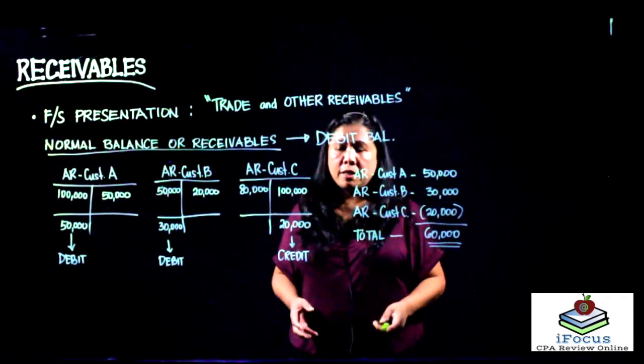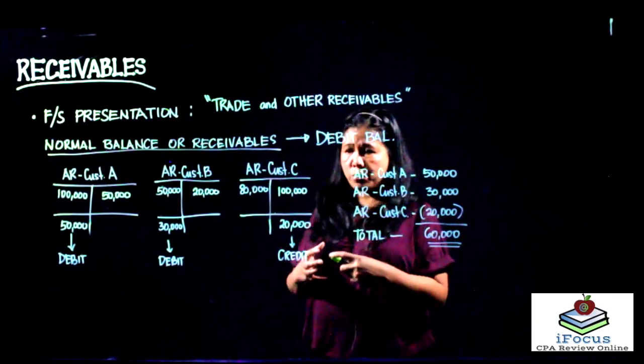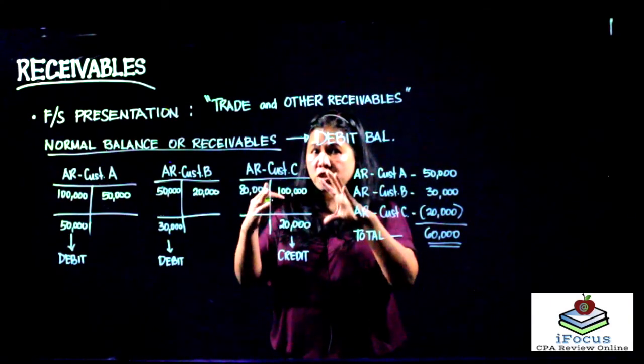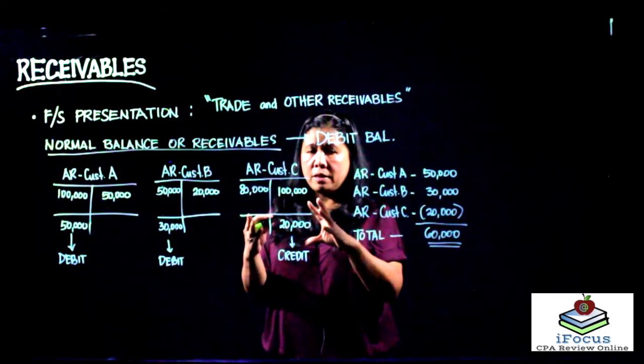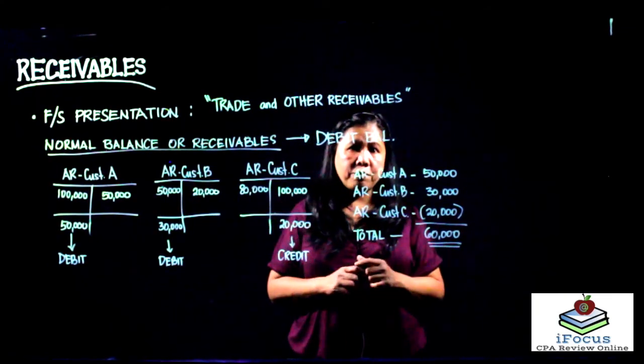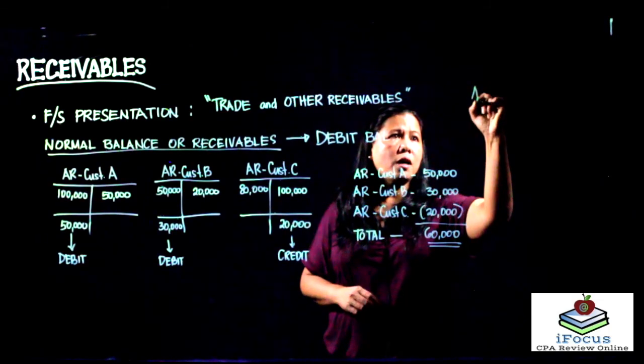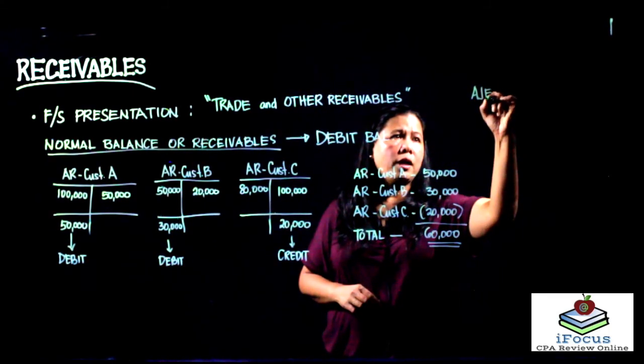So if it's not acceptable, what do we do? As an accountant, if we have a credit balance in our accounts receivable, we have to adjust it. So we are going to have an adjusting journal entry. What is our adjusting journal entry?